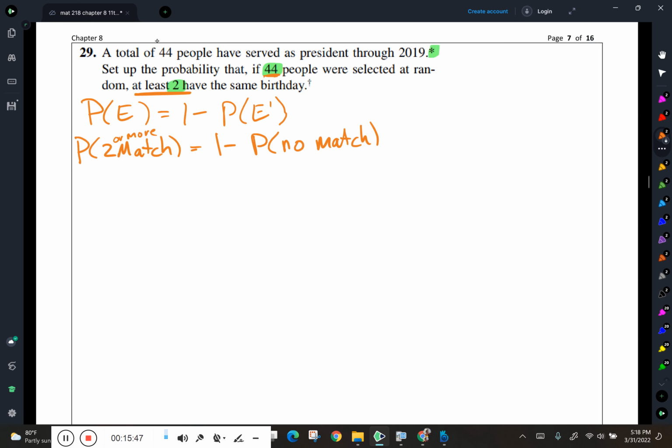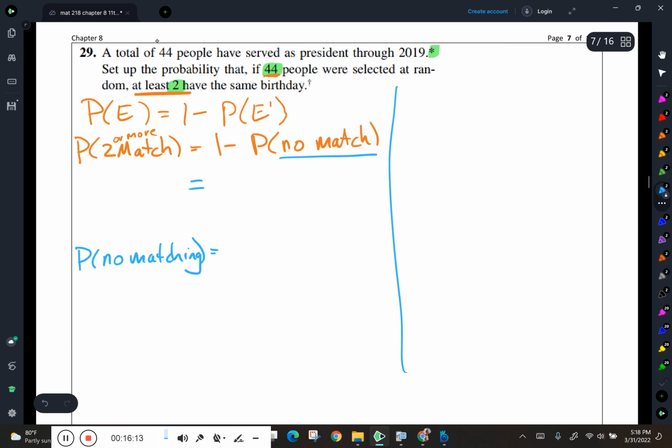And so we're going to set this problem up using the complement. All right, so here's how it's going to look. You ready? The probability of no people matching is going to be, let's see, what is that going to be? Well, let's do a simpler example. If I have 2 people in a room, what's the probability that they don't have the same birthday?